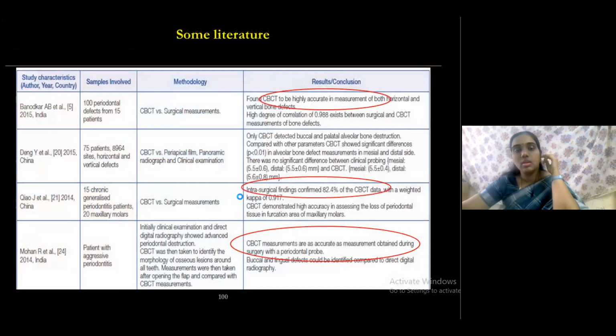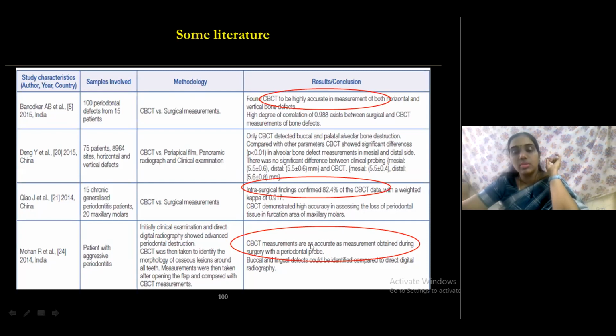CBCT studies have shown that CBCT is highly accurate in measuring both horizontal and vertical bone loss defects. Many studies have measured the pocket depth level intrasurgically, during surgeries, and compared it with CBCT, and there is about 82.4% matching between these two findings, that is, the clinical and intrasurgical measurements of pocket depth level and the CBCT data.